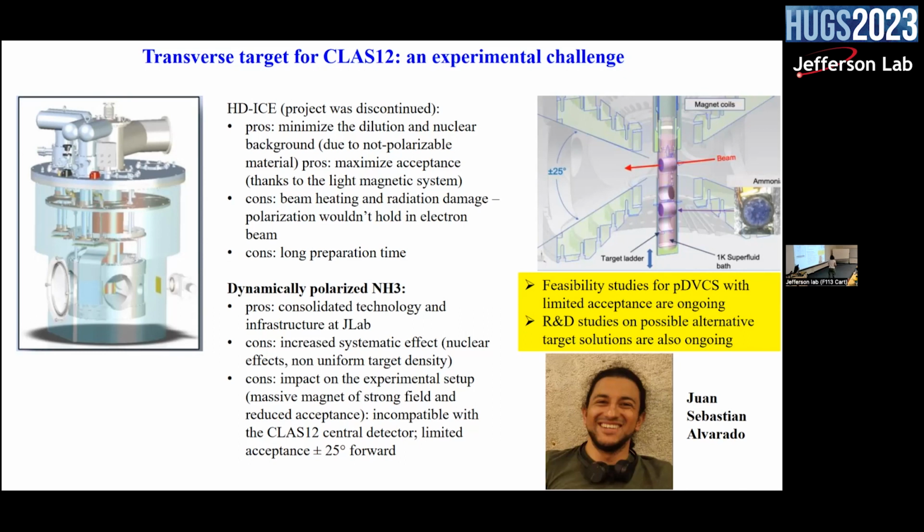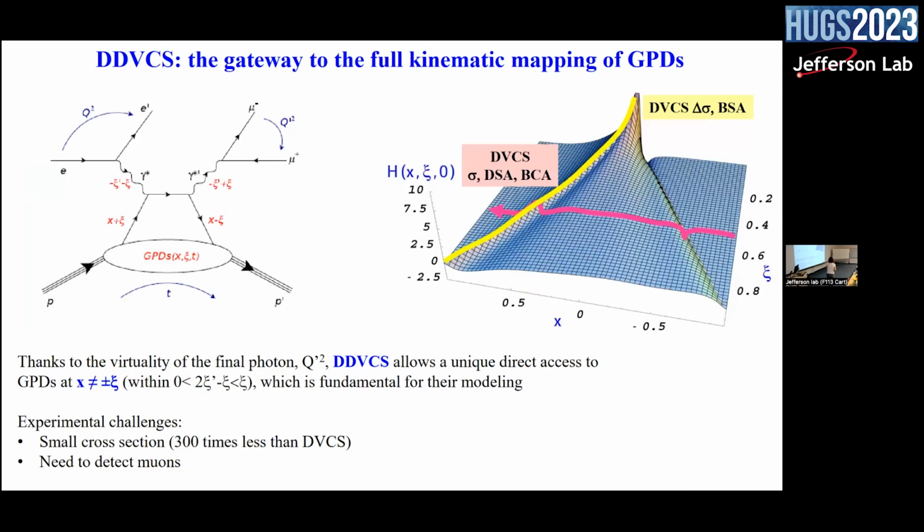And there are also R&D studies on different possible solutions for target and the magnet. So this experiment is really, from my point of view, the missing piece to have the full picture, at least for proton VCS. So Juan Sebastian, your work is very precious, and everybody's looking forward to your results.